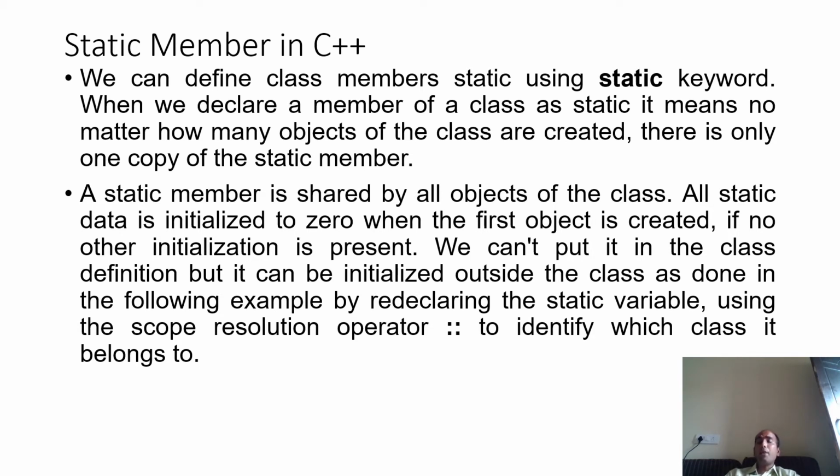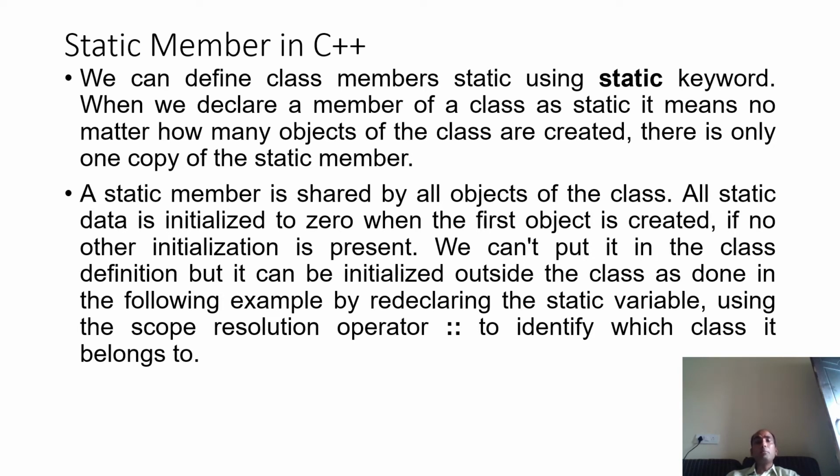So we can define properties as well as functions as static: static data members and static member functions, both inside the class. First let's discuss the static data member, the static variable inside the class. Static variables are variables which do not allocate memory for individual objects separately.